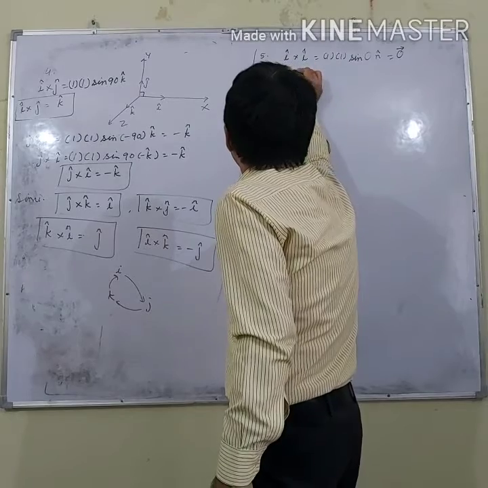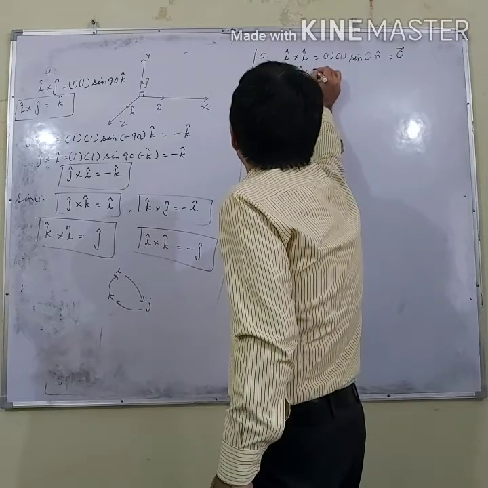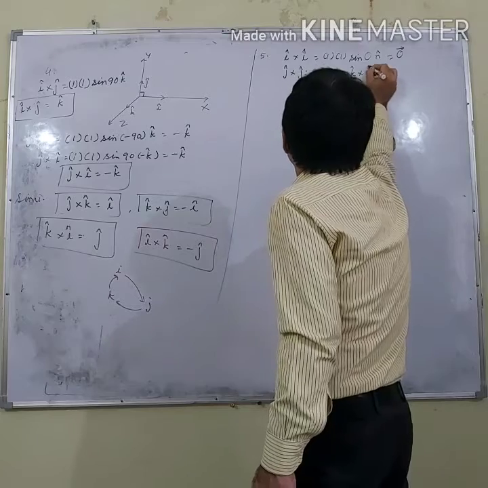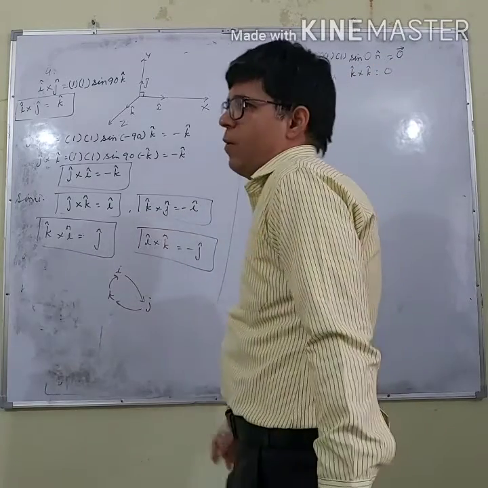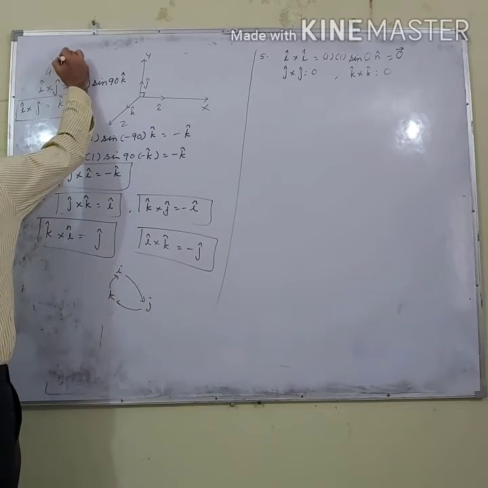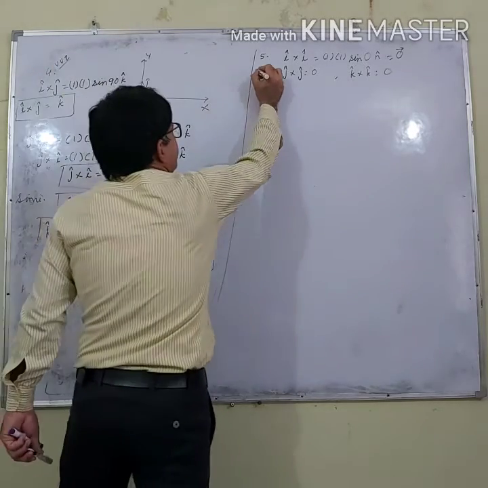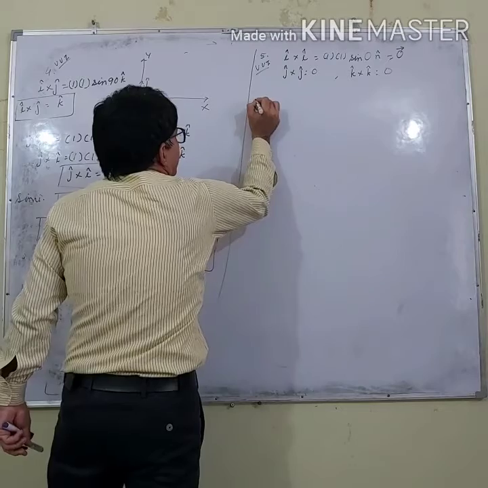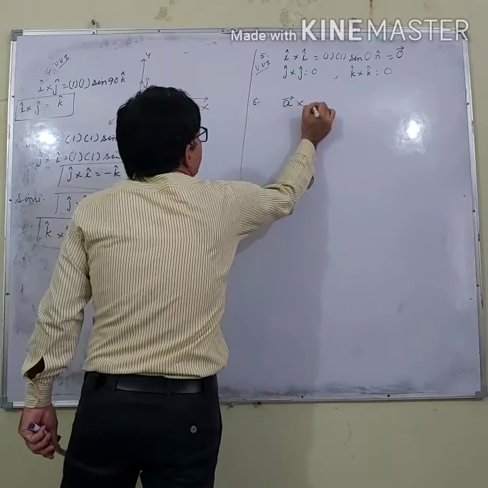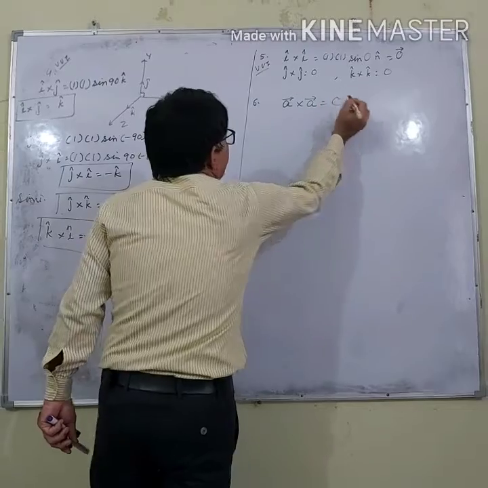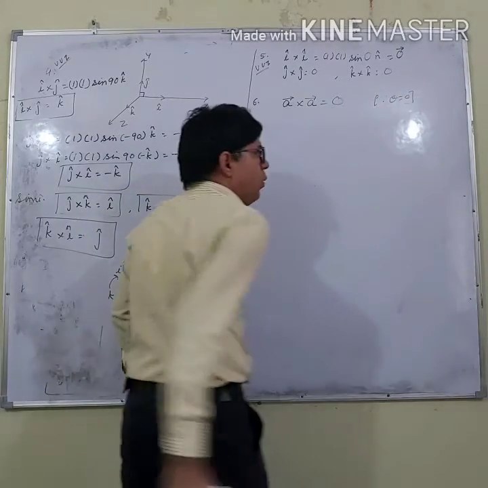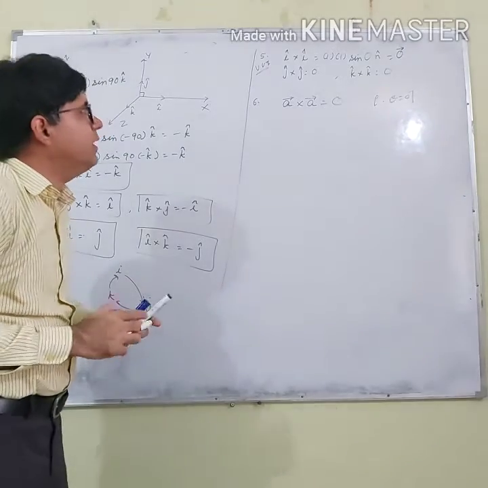Similarly, j cross j is 0, and k cross k is 0. So these two points are very, very important. The sixth condition is that A cross A will be 0 because theta is 0.